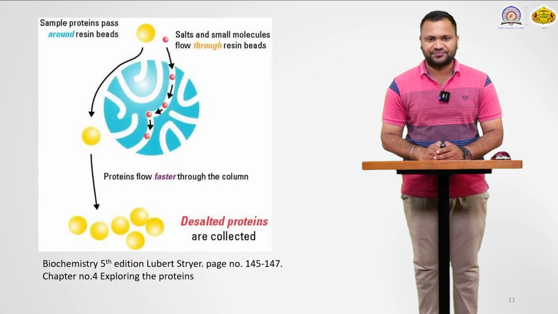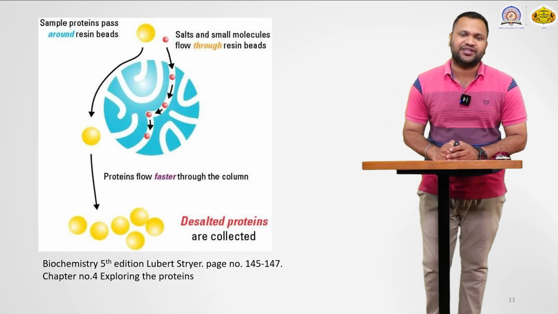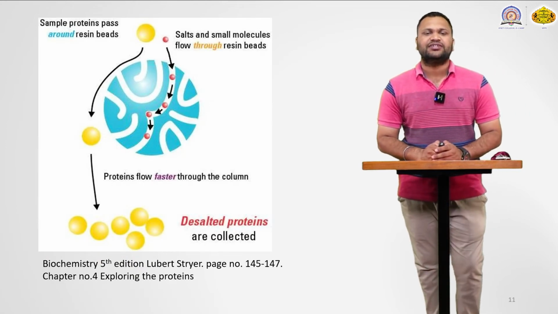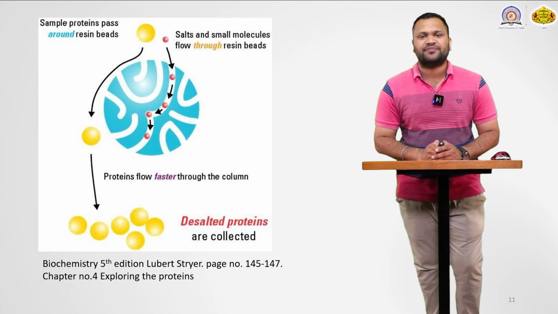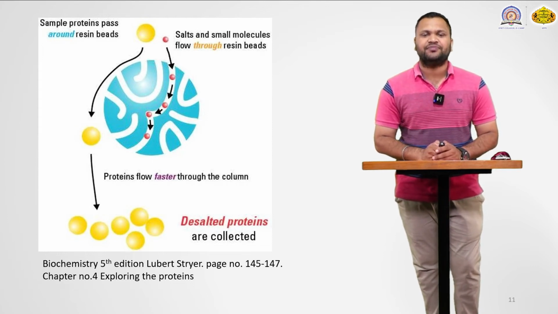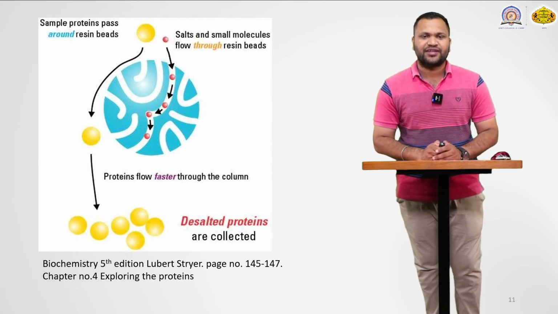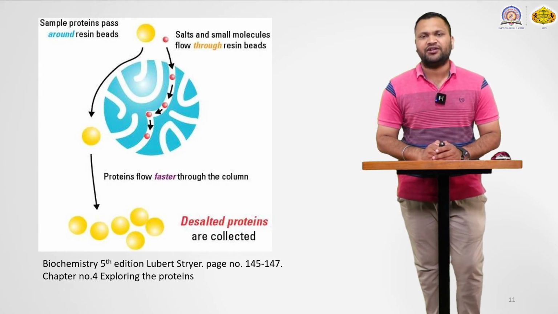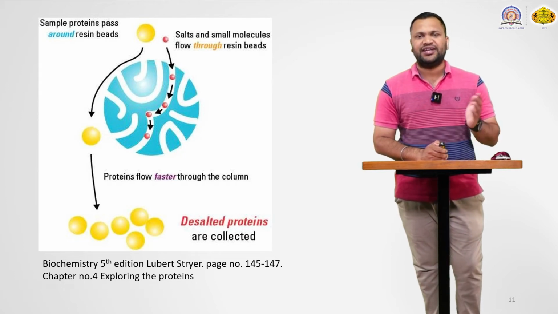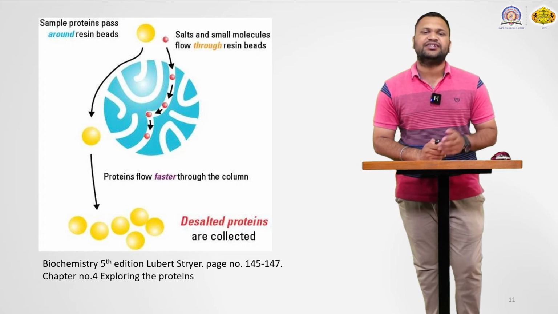You may understand this clearly by this figure. Suppose the blue one is a bead, and the bead contains pores. We have a mixture of contaminants or small molecules and our desired product.